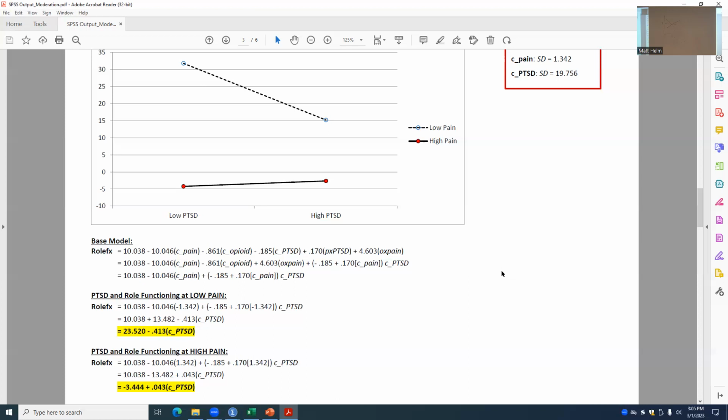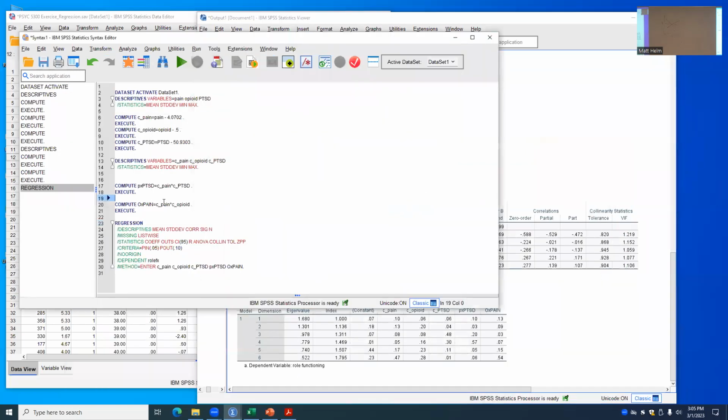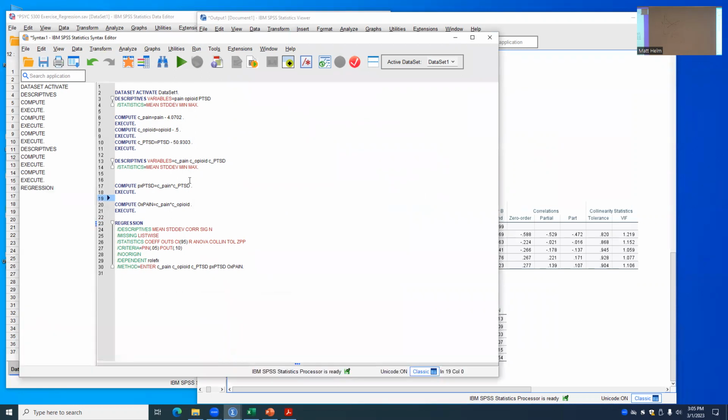Okay. So what we're going to do then is go back to SPSS and recalculate some variables. I'm going to create a couple new variables. My moderator here is pain, right?